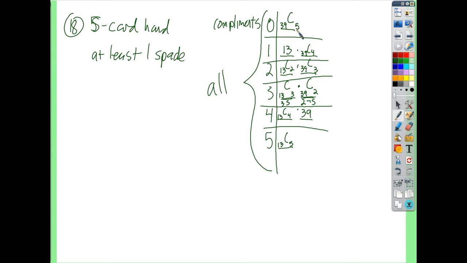I want to choose 5 from the 39 that are not spades. So I want to take that away from all the cards. Now, how many 5-card hands can I possibly make out of all the cards? 52C5. You take all the possible combinations and just take away all the possible hands that don't have any spades.